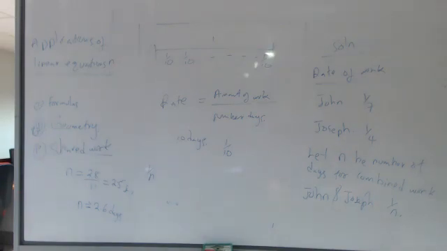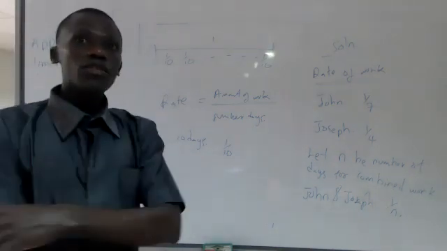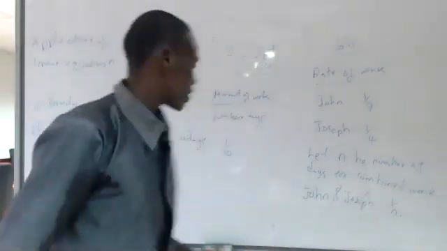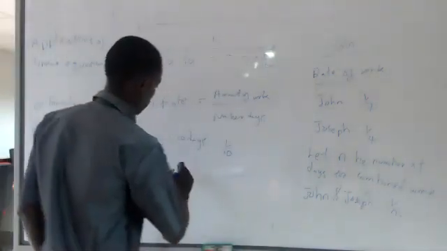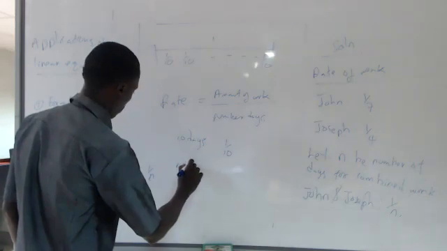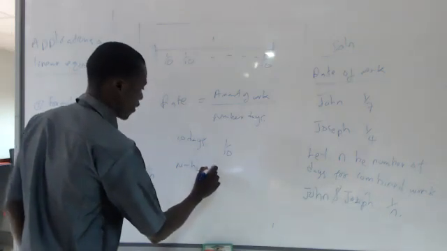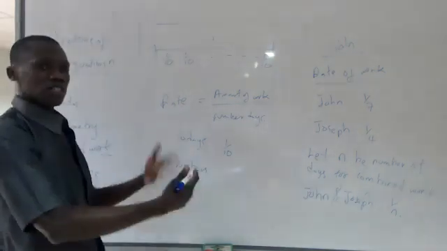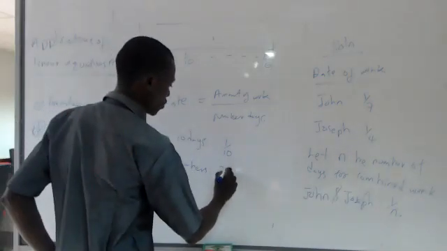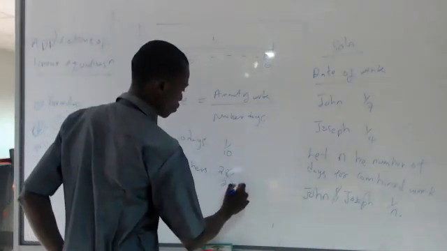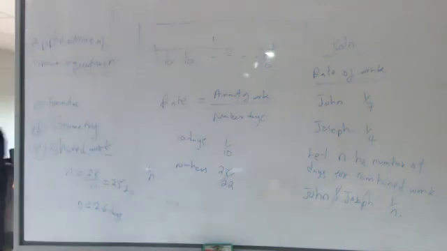You're right. If I want to find the number of days, then I have to invert the rate, so the number of days will go on top. So in that case, 28 divided by 11. Yes. All right.